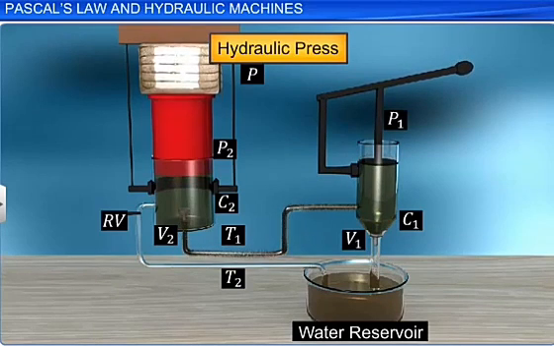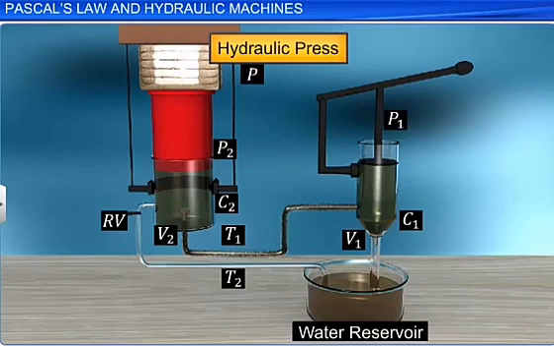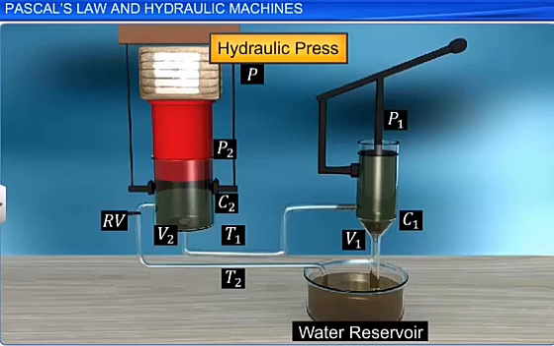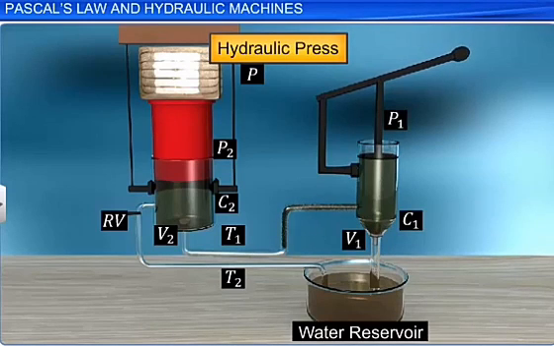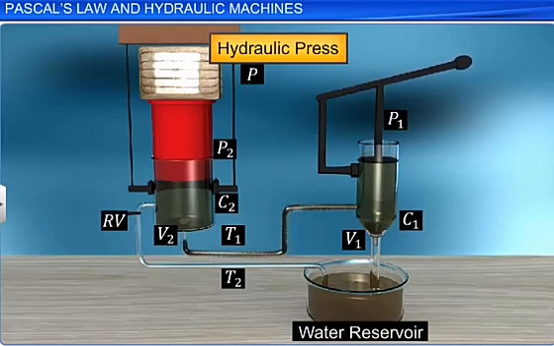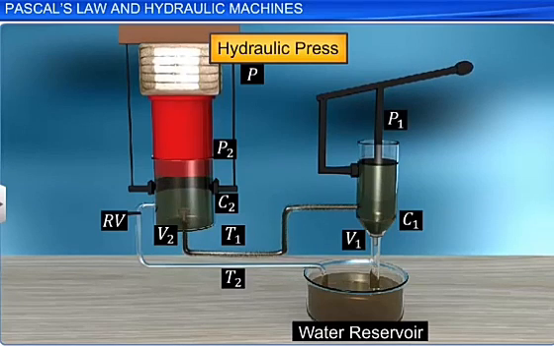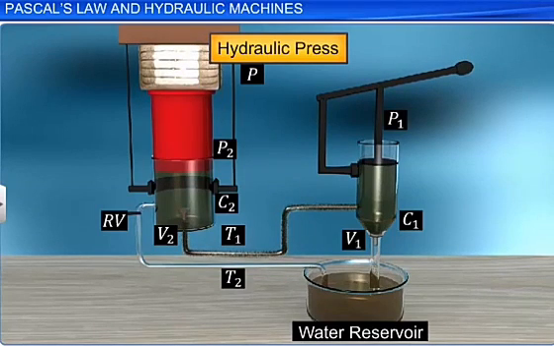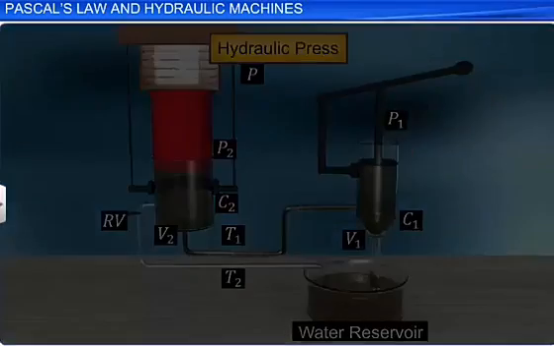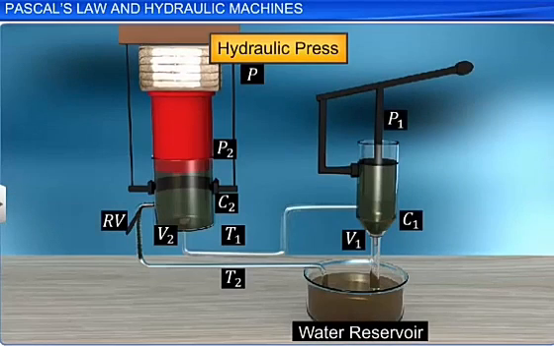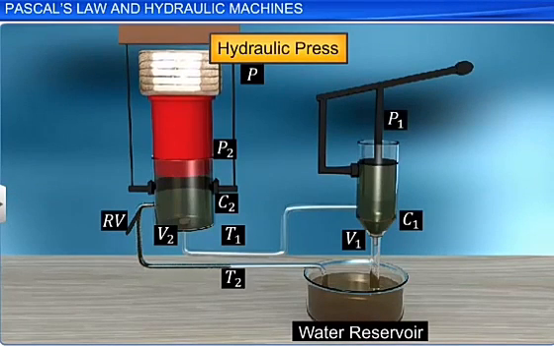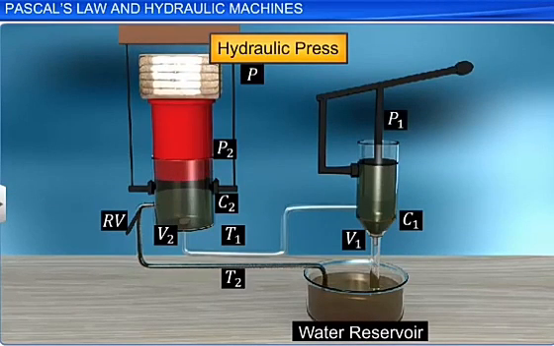Valve V1 is closed and the water is pushed from cylinder C1 to cylinder C2 through T1. Due to water pressure, piston P2 moves up, compressing the load between the platform P and the rigid ceiling. To release the pressed substance, the release valve RV is opened to allow the water back to the reservoir.